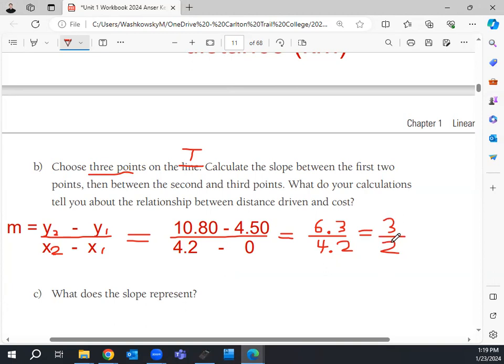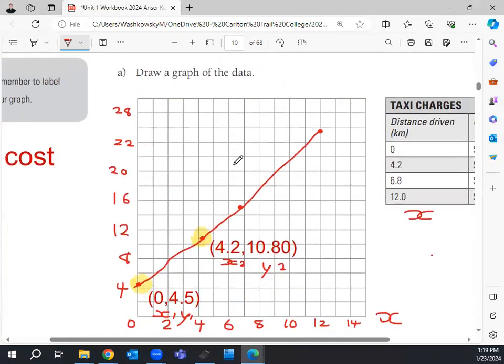So that's my first 2 points. It wants me to find 2 slopes. So I've done between the first 2 points. Now I need to do between 2 and 3. I need to do the second point and then a third point. So now I need to go back up to my graph and pick another point.